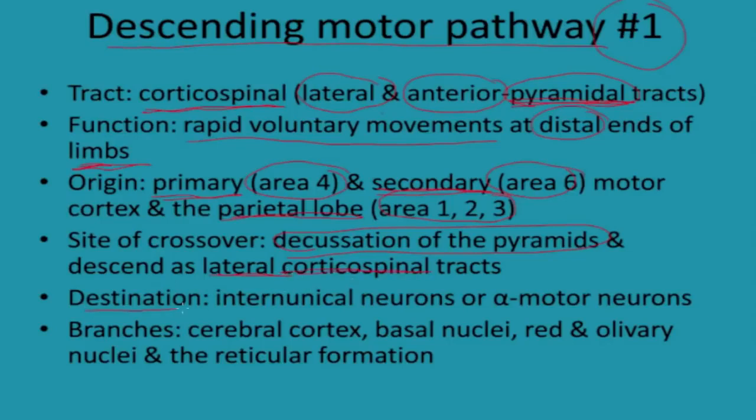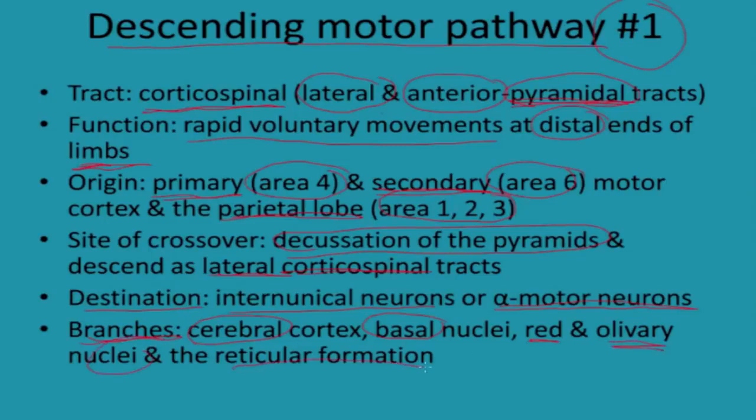Its destination is the interneurons or alpha motor neurons. These are found at the thoracic level of the spinal cord. During its descent, it gives several branches to the cerebral cortex, the basal nuclei, the red and olivary nuclei, and the reticular formation.